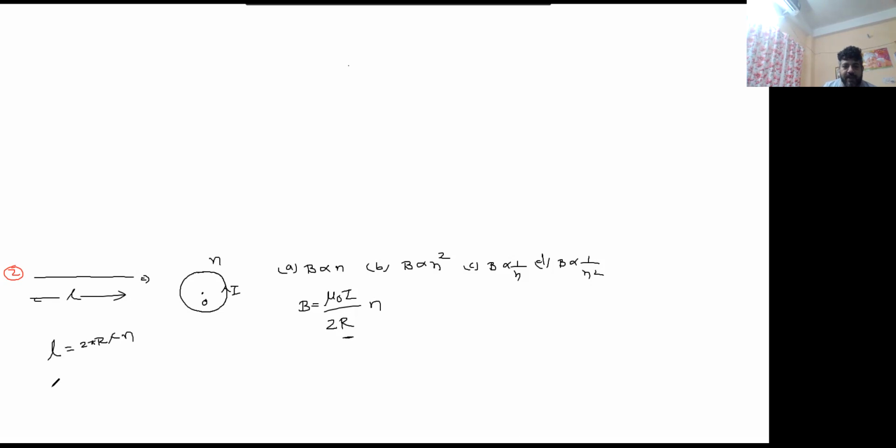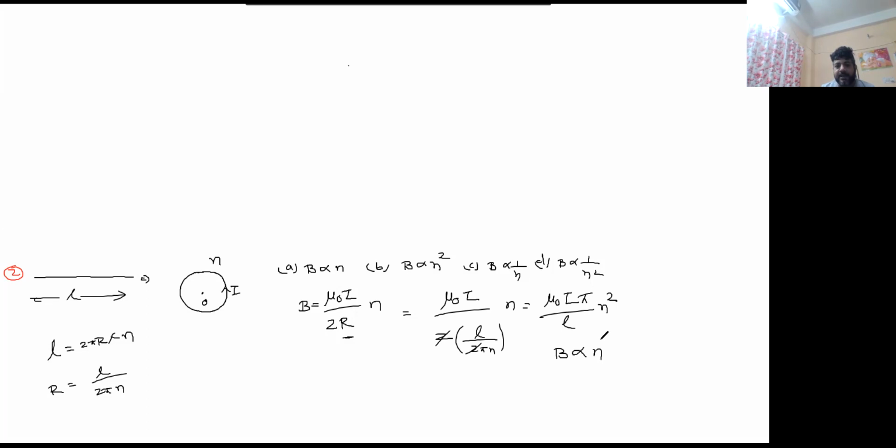So my r is L by 2 pi n. So mu naught I over L by 2 pi n, this is cancelled with n. So what you have is mu naught I pi n square by L, which means the magnetic field is directly proportional to n square. Everyone clear?